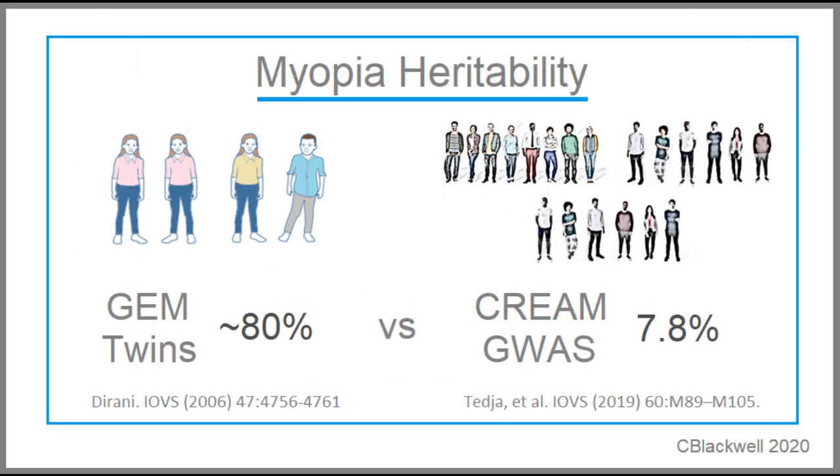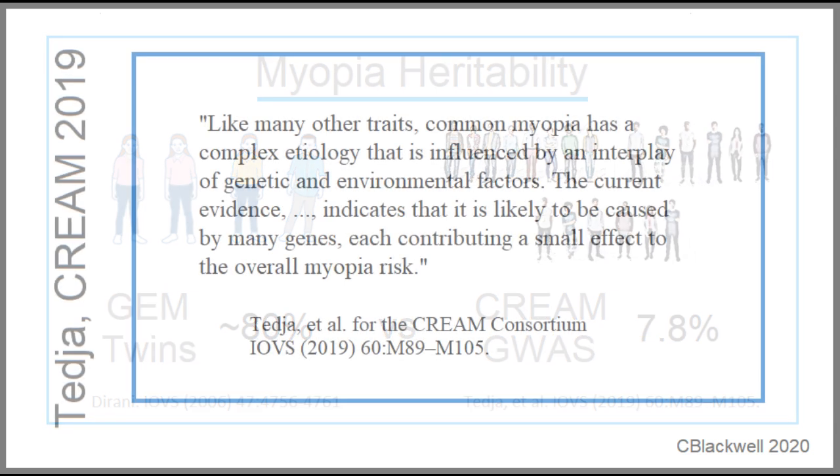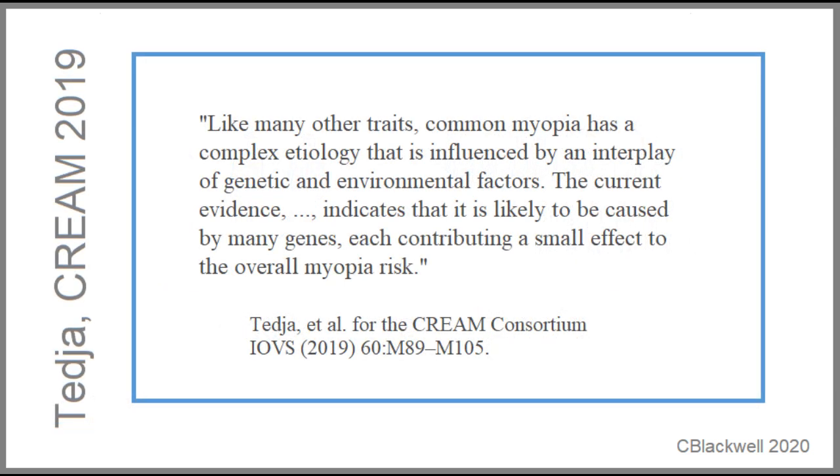That compares to twin studies which found around 80% heritability. That large gap in strength of association has become known as the missing heritability problem, raising a debate about the relative roles of genes, epigenetics, and environment. In a recent review, one authority concludes the genetic contribution appears to be more complex than researchers expected.